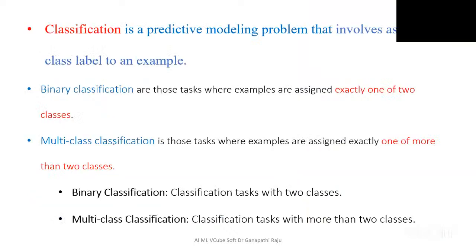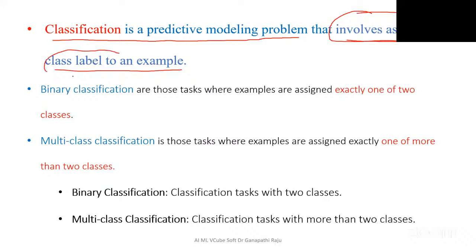Now, let me start. What is the meaning of classification? Classification is a predictive modeling problem where we assign a class label to an unknown tuple. Classification can be categorized into three types. The first is binary classification, where we have two class labels.